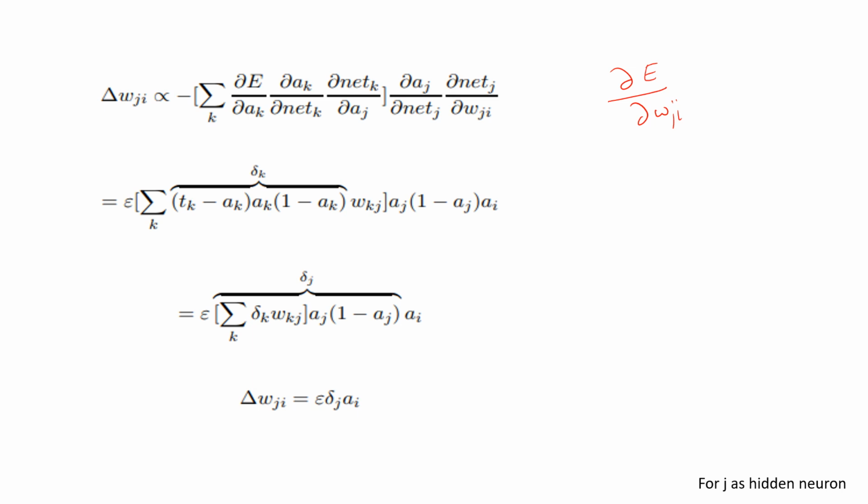This is the summation over all neurons available. K indexes all the neurons available at the output layer. Then we have the derivative of Ak over V, which is nothing but the activation function. A is the activation function for the kth neuron. And this is my weighted sum.